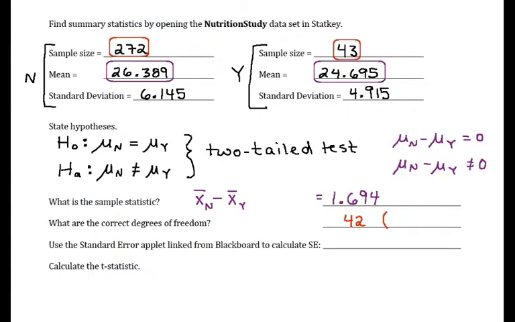So we'll use 40 when we get to Table A, because there isn't a line corresponding to 42, it's okay to be conservative and go down a little bit. It's also okay to just take whatever's closest. We're not that concerned because it only differs in the thousandths place. So when we get to Table A, we'll just use the row corresponding to 40 degrees of freedom.